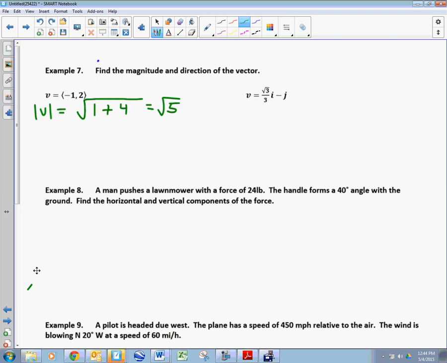Any idea how we find the direction? Think back to what we learned in 7.6. If it's positive or negative, we need to set up an equation. The equation starts with a trig function that starts with t. Tangent of theta, which we don't know, is equal to b divided by a.